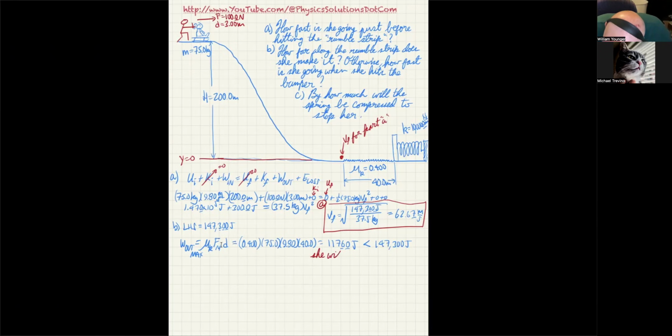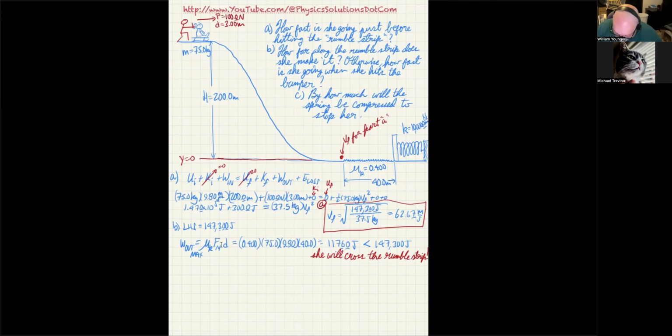She will cross the rumble strip. Okay? And that leads us to part B of B, which is how fast will she be going afterwards.